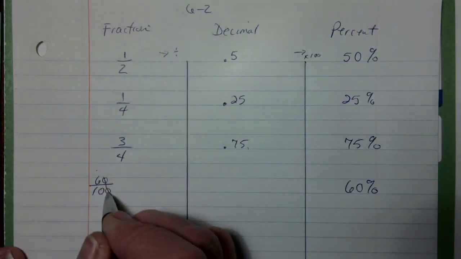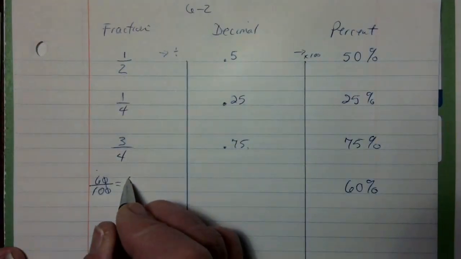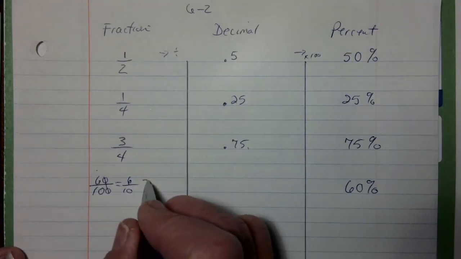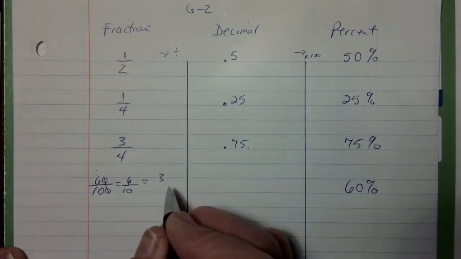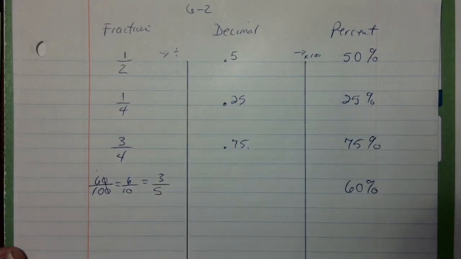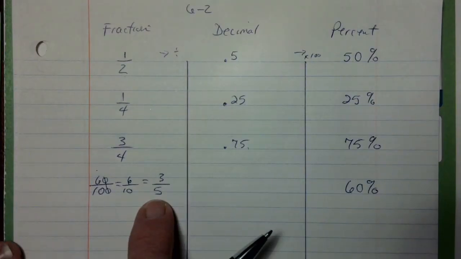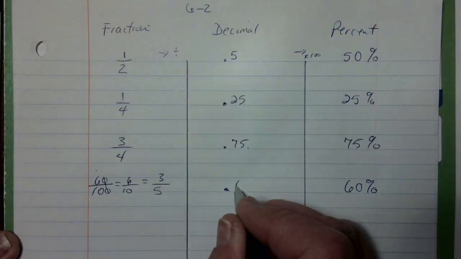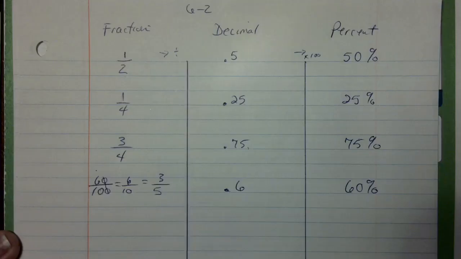So one set of zeros cancel, so that reduces to 6/10. And then divide both of them by 2. 6 divided by 2 is 3, and 10 divided by 2 is 5. So that must be 3/5. There's the fraction form, and you want the lowest form. Now see where this was tenths, 6/10. There you go. You got it.